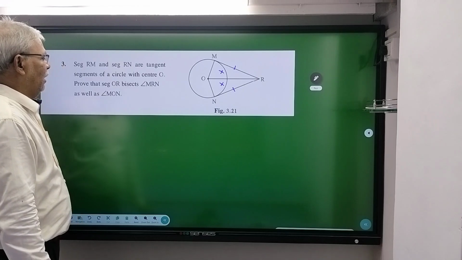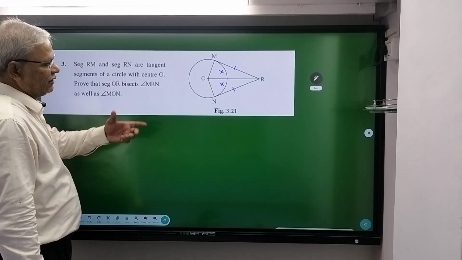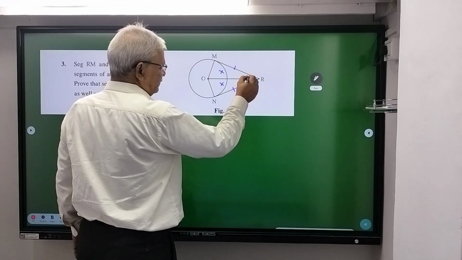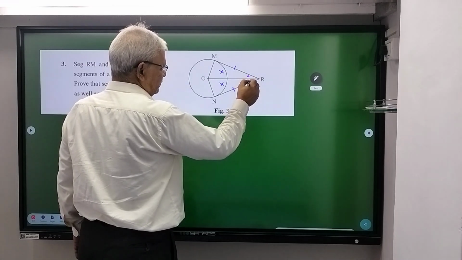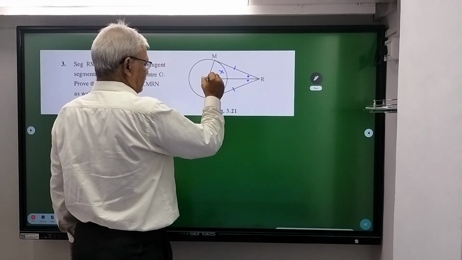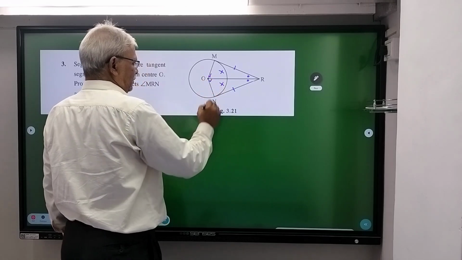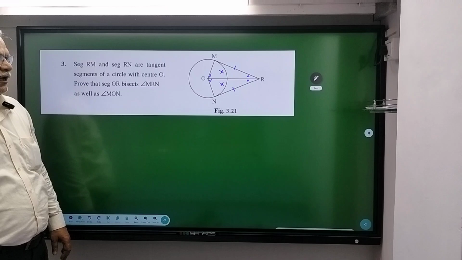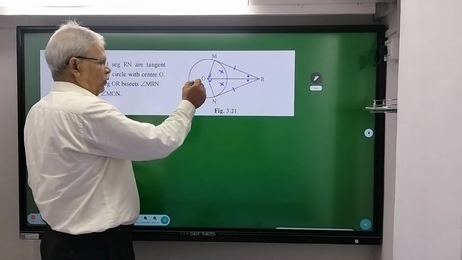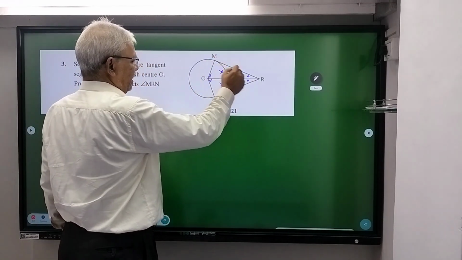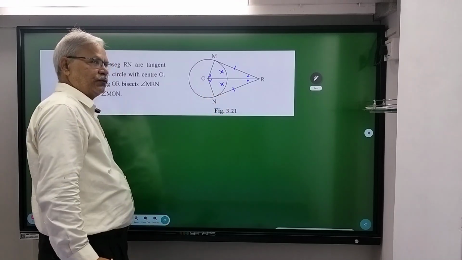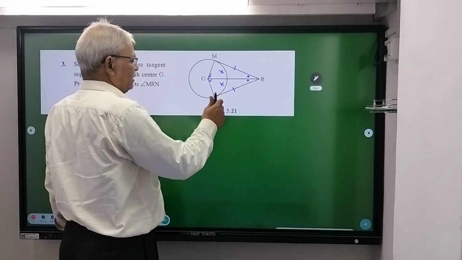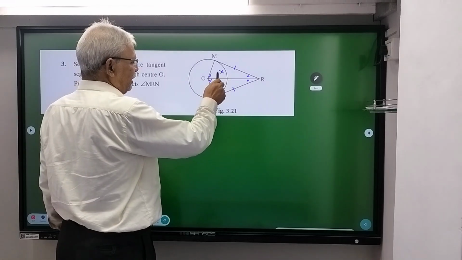And when the triangles are congruent, their corresponding angles, this and this one, will be congruent, and this shows that OR is the bisector of these two angles. Okay? Now see how we will do it.